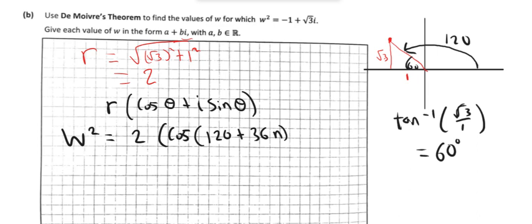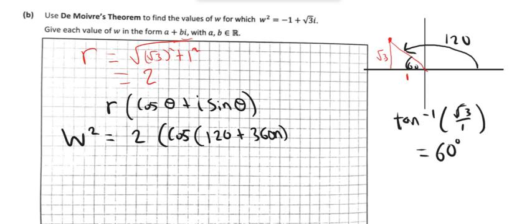If we only put in 120, it can only be this, but you can go a full circle around again and get 360 added to it.